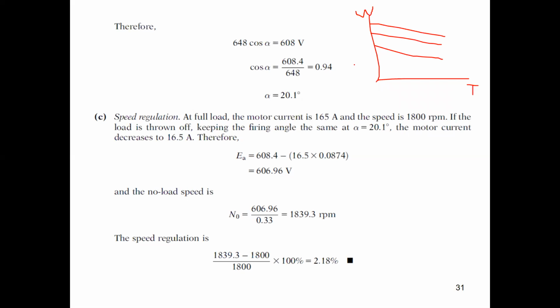So don't mix between the no load speed we have calculated in the beginning and compare to the previous case in part B. In part B, we are now operating at rated firing angle, at which we have firing angle equal 20.1. And this is one of the curves here. For example, let's say this one.